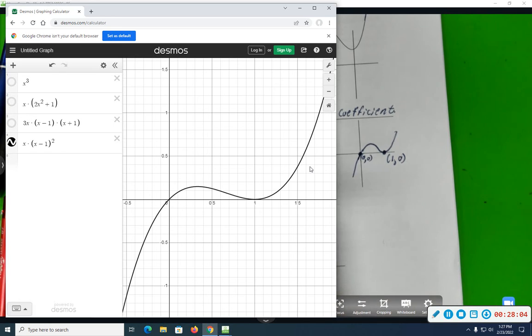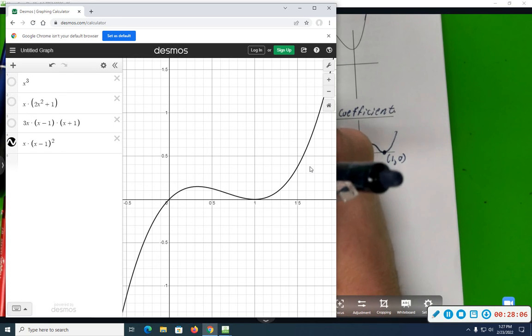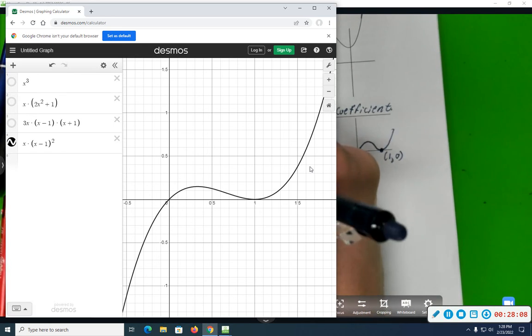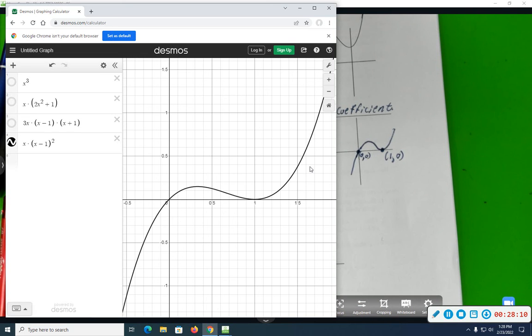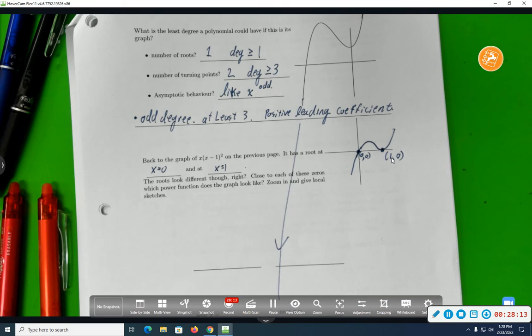It's got 2 roots, one at x equals 0, one at x equals 1. Oh, you couldn't see that, but you know what I wrote. Those two roots look different though, right? One of them is also a turning point, the other one goes straight through. So here's what I'm going to advocate. Let's zoom in real tight on those 2 roots using a computer. We'll describe what we see.